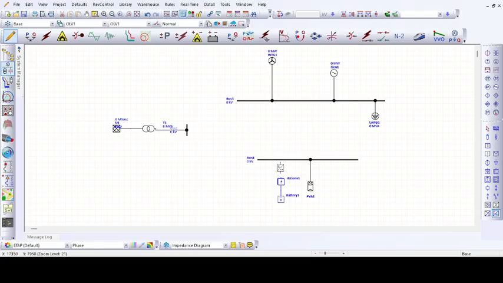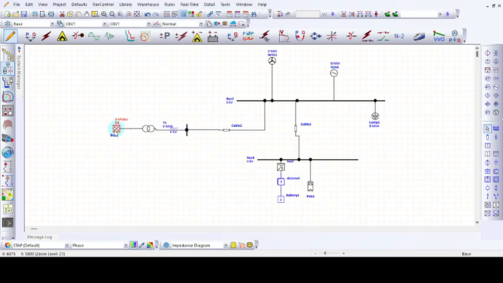So we are going for an inverter here. Then these two buses are connected through a cable or a transmission line. I'm using the cable for the connection between these two buses. This is generally called an AC microgrid.